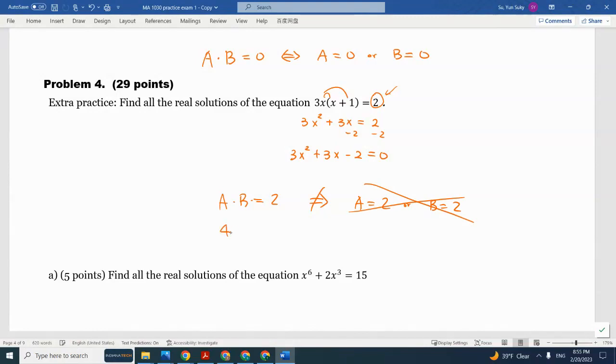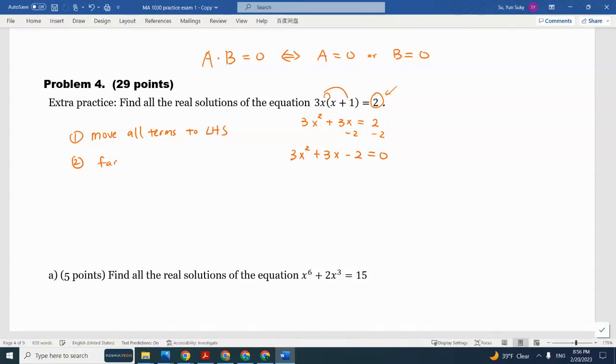Think about it, you can have 4 times 1/2, that will give you 2. So neither a nor b is 2. Therefore, we cannot factor the left-hand side because the right-hand side is not 0. That's why our first step is always to move all terms to the left-hand side. Then we factor. The order is very important.